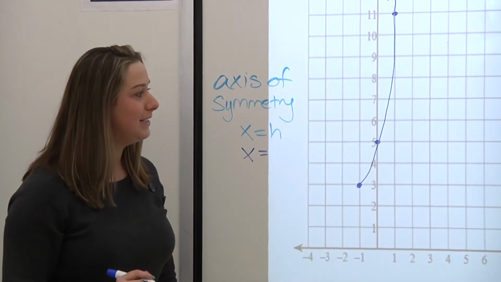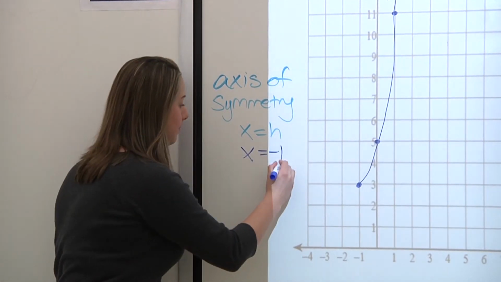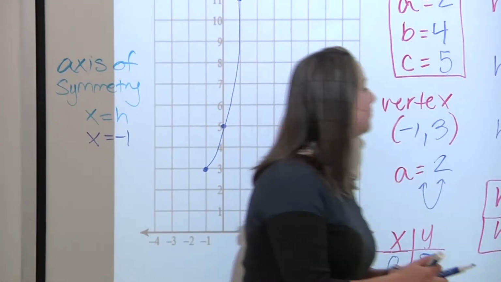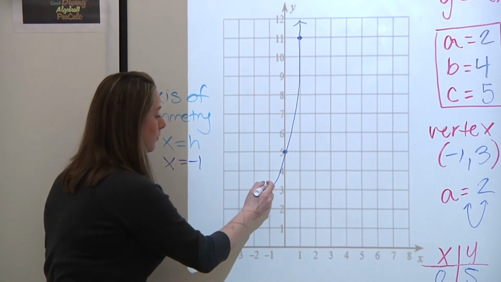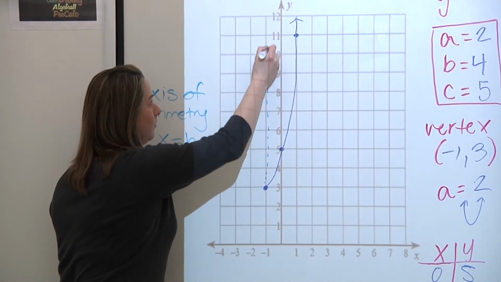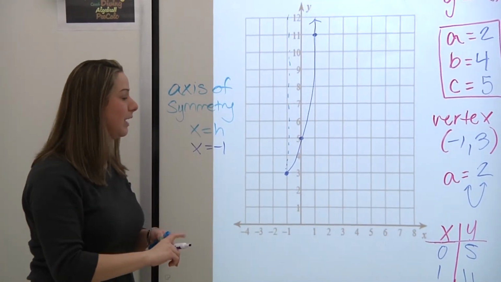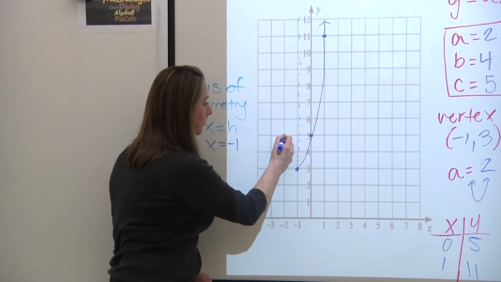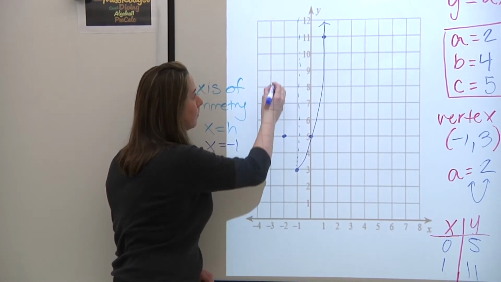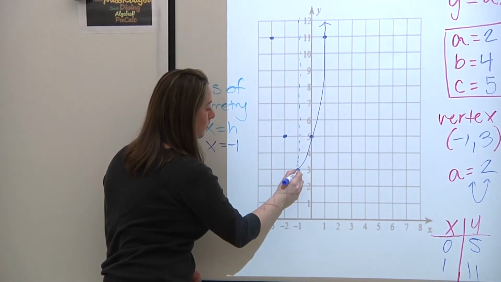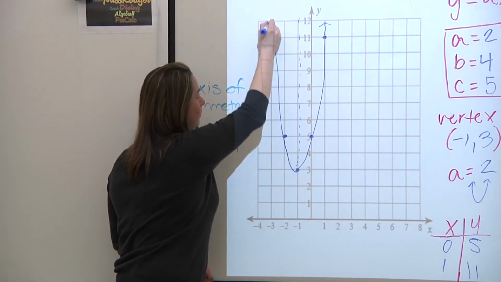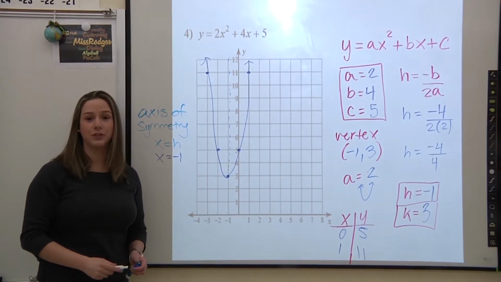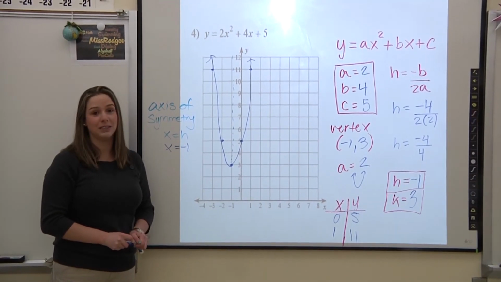For this problem, it's x equals -1. Let's reflect our points to get the other branch of the parabola. This is a parabola in standard form of y equals 2x squared plus 4x plus 5.